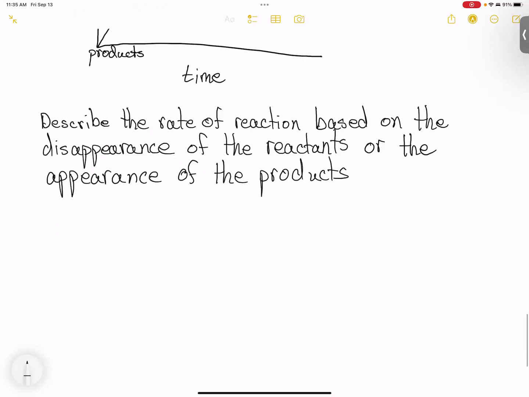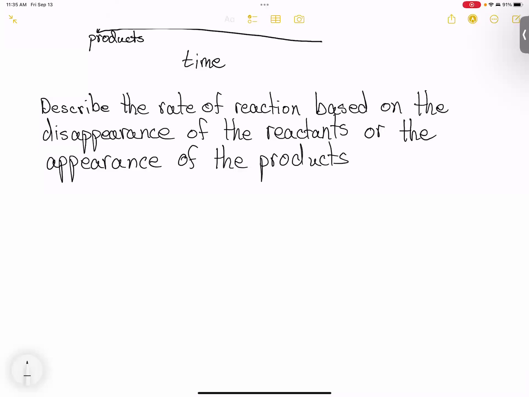Now, just to get an idea of how we can describe this rate of reaction, let's take a very generic reaction: aA plus bB goes to form cC plus dD.